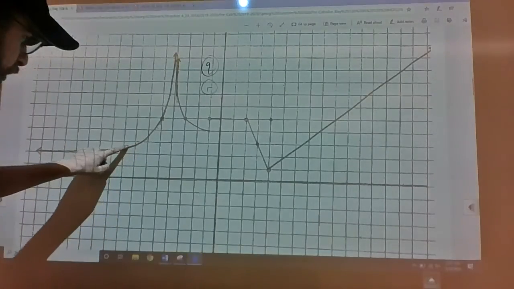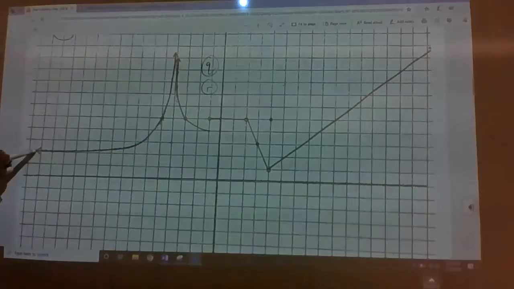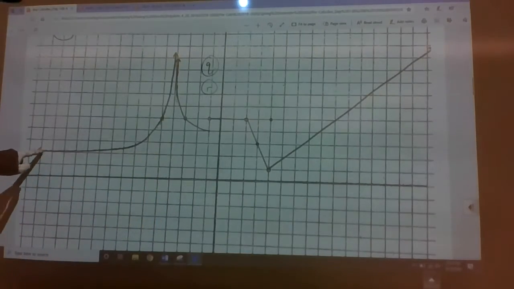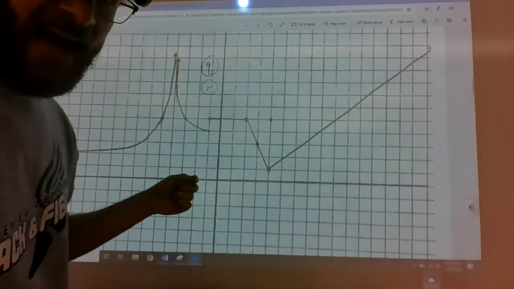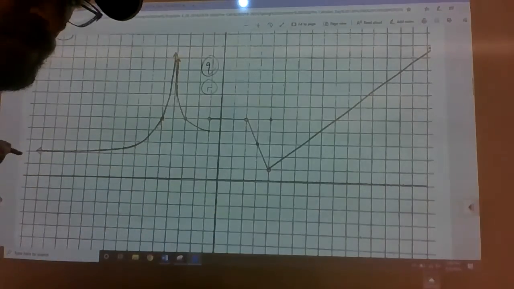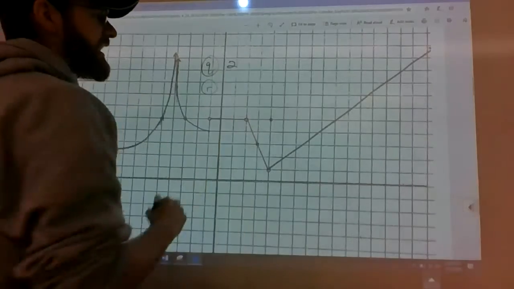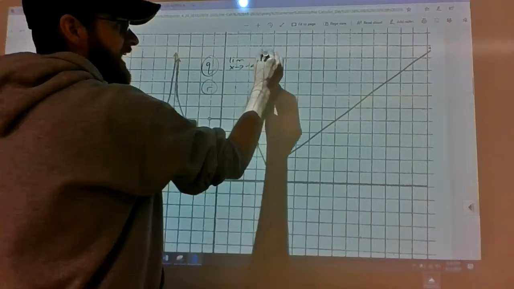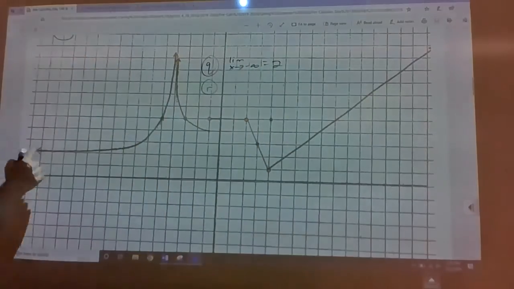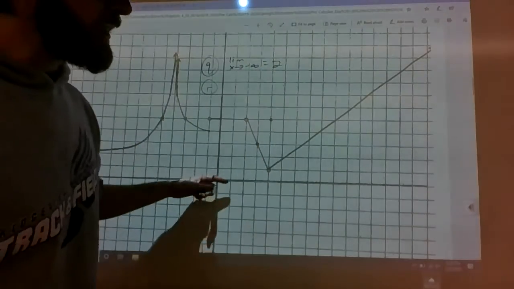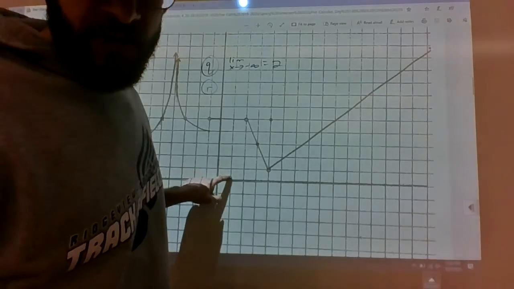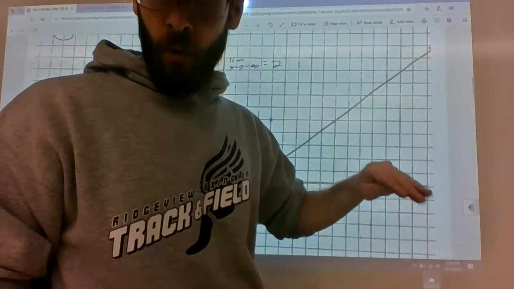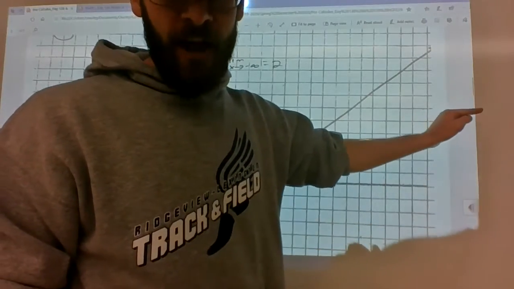It is leveling out, so there's a horizontal asymptote implied at y equals 2. So you would say the limit as x approaches negative infinity equals positive 2. Now if you're talking positive infinity, that y value is not restricted at all. There's no horizontal asymptote extending forever to the right.